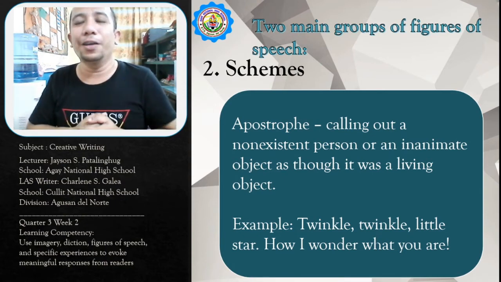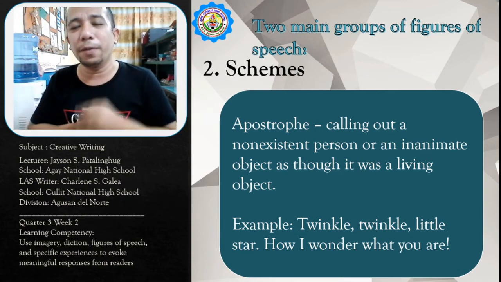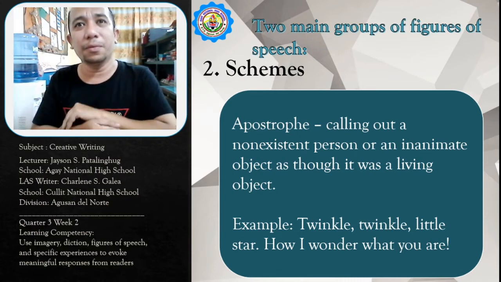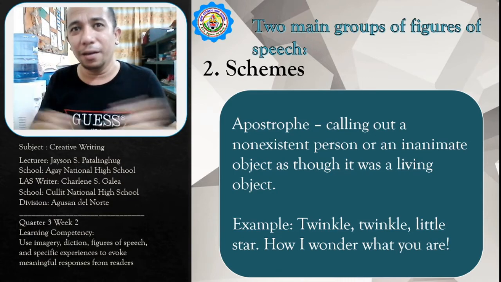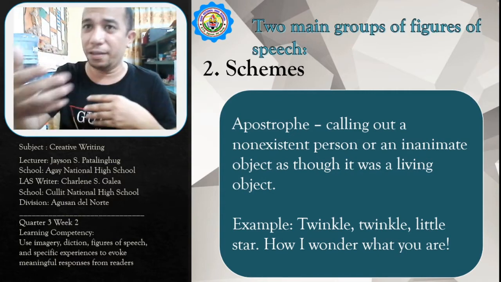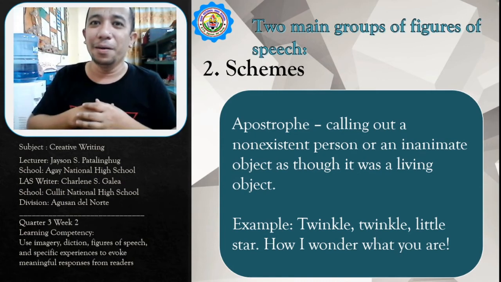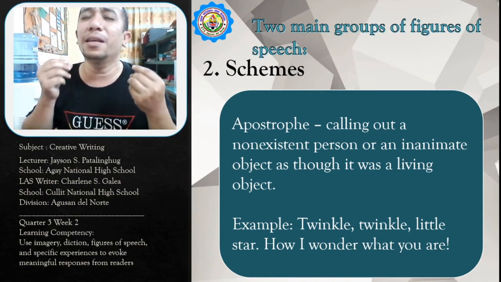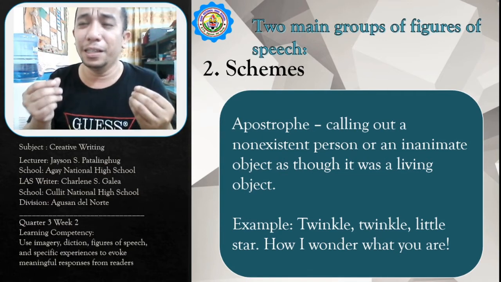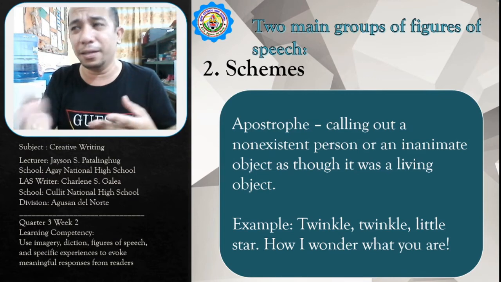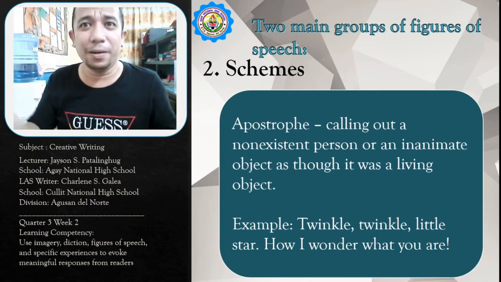Again, you can call it apostrophe when you talk to someone who is not there, and you're talking to them as if they're there. Like, oh, Jose Rizal, please give me wisdom. As if Jose Rizal is right in front of you, but Dr. Jose Rizal is not there because he's already dead.